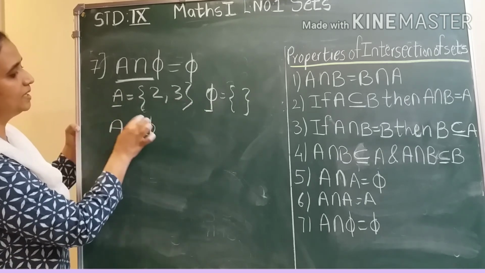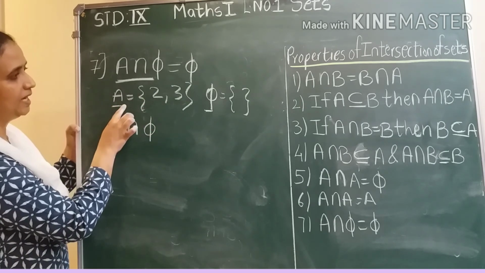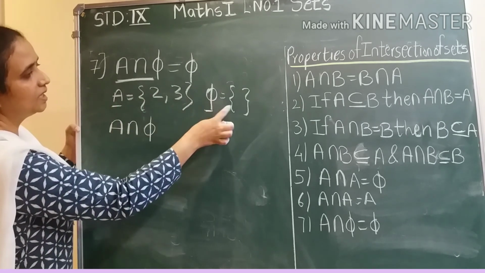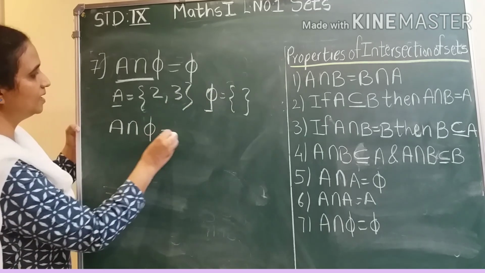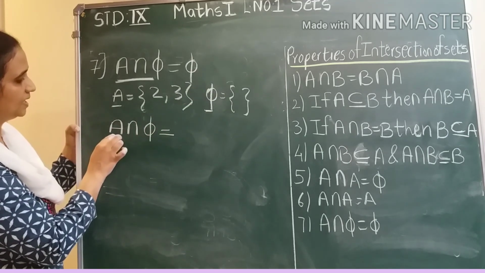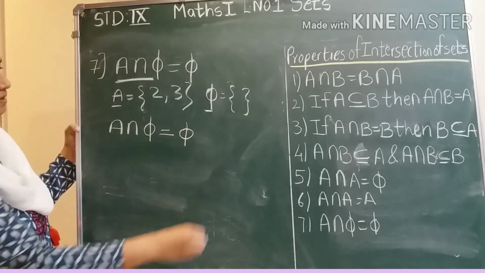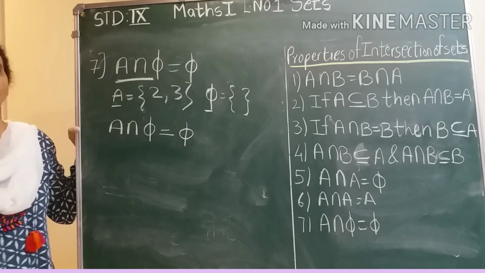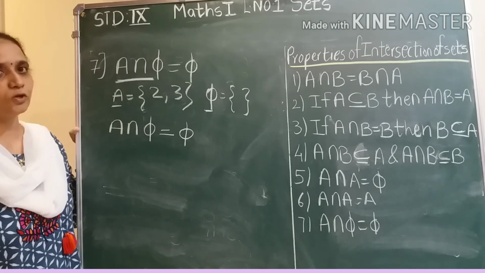What do you mean by intersection? The elements which are common in set A and the empty set. Are there any elements common? No. That means again the intersection of set A with the empty set is an empty set. Thus, we have verified all the 7 properties of intersection of sets.